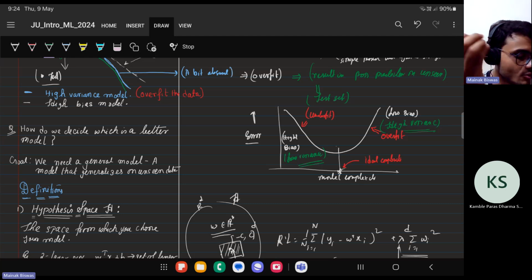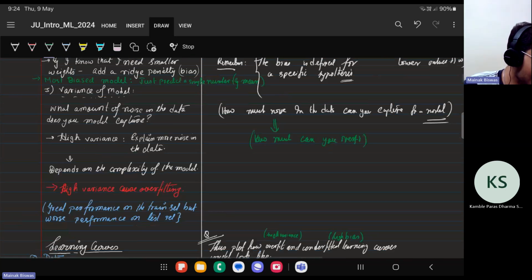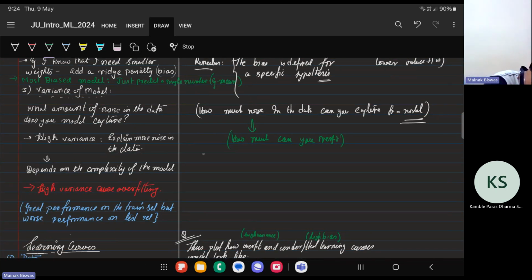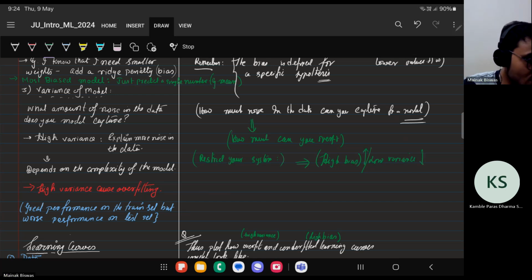Okay. So wherever you restrict your systems, you will have high bias, right? And low variance. So if bias increases, your variance will generally decrease. This is called the bias variance trade-off. We'll try to see it mathematically now, but intuitively, this is the idea.